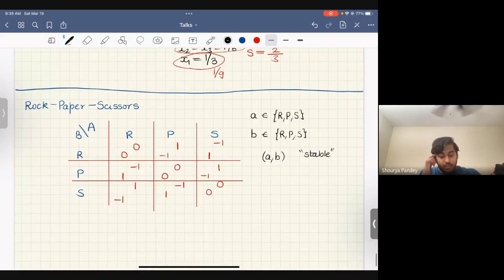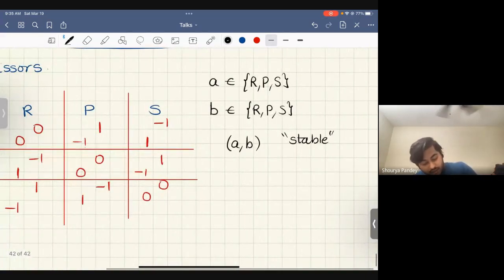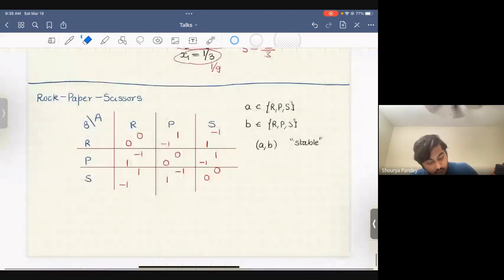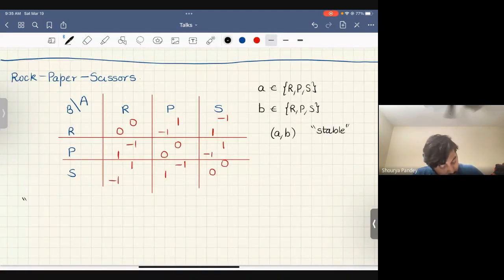Okay, so I should define stable here. I'll define it more concretely.